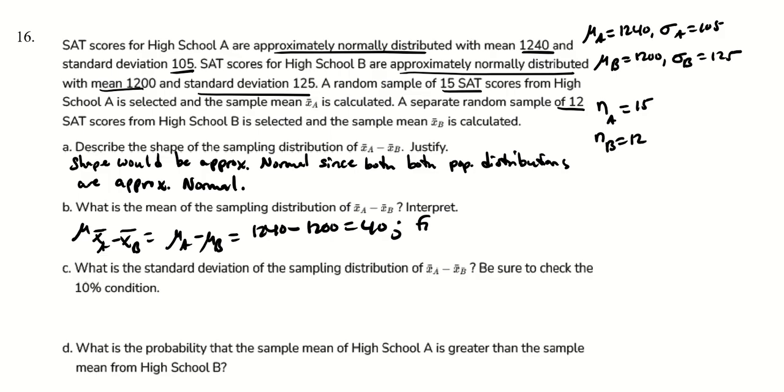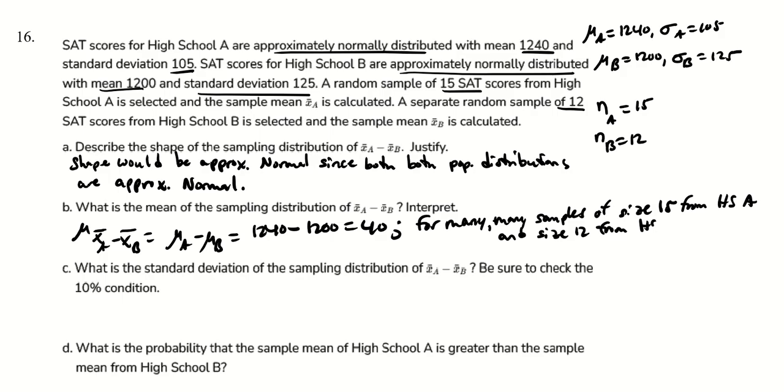So if you want to interpret it, we say for many samples of size 15 from high school A and size 12 from high school B, the average difference is about 40. It is 40.